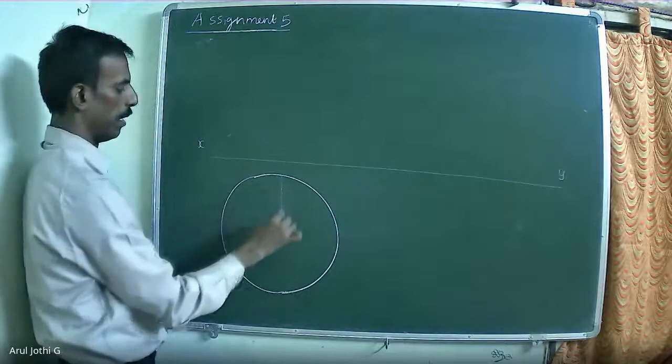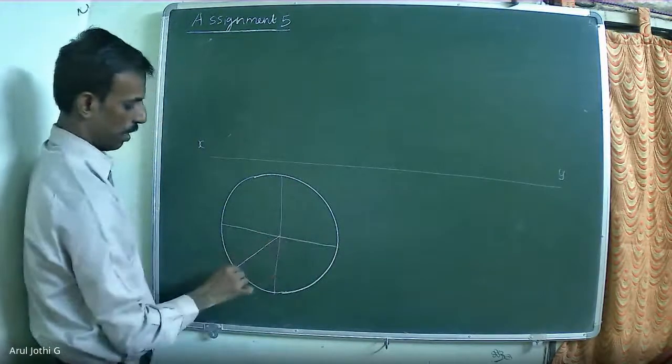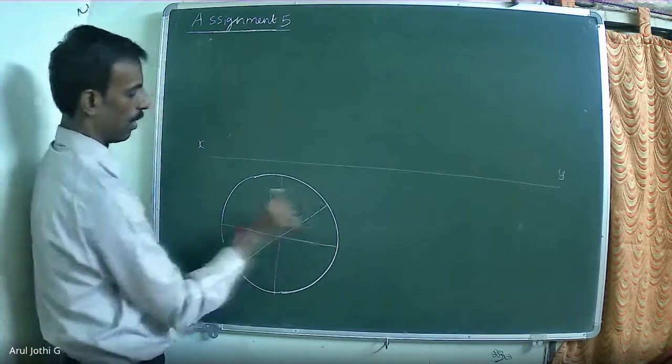Now divide the circle into 8 equal parts. Since axis inclined to HP, start the diagram with the top view.